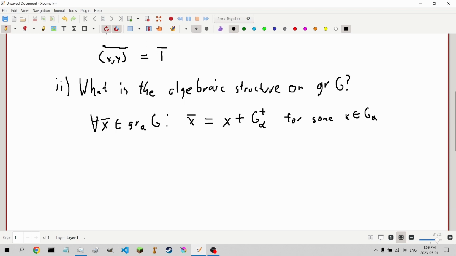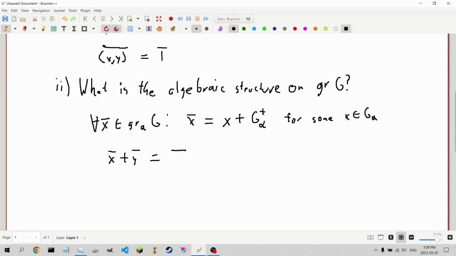So x bar plus y bar is just the image of our group operation.